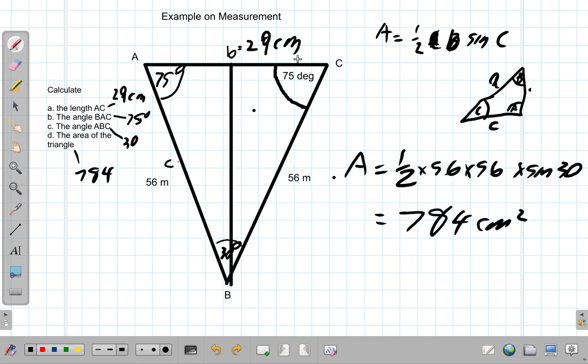Imagine this triangle is turned upside down, right? Oh, we're going to have to find this vertical height. So we're going to use trigonometry.